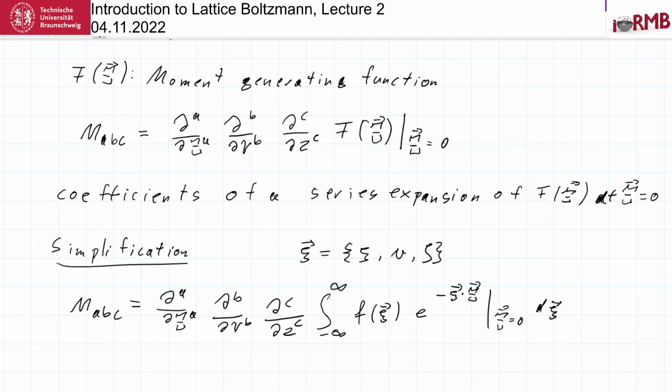So what you see here is that the only thing that depends on this vector xi is this factor here.